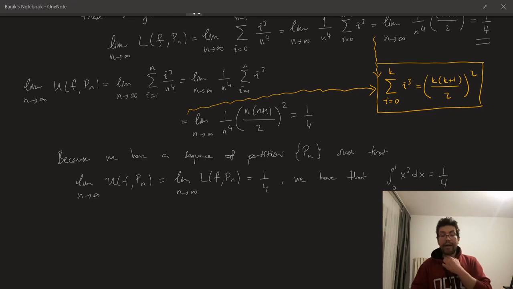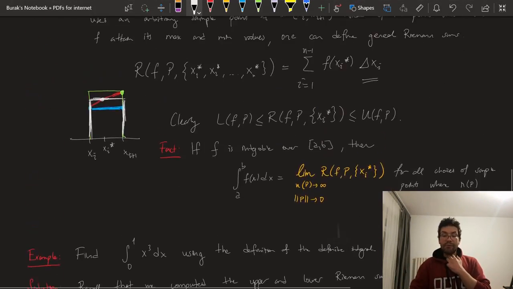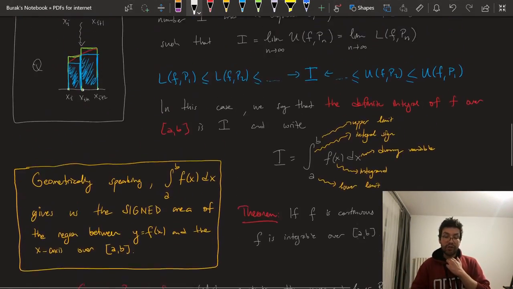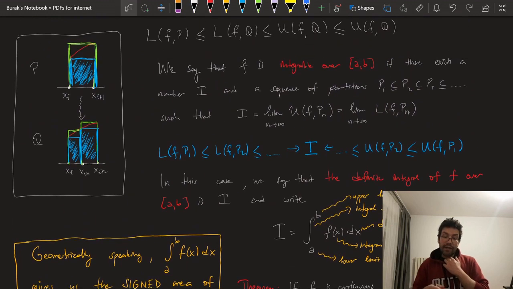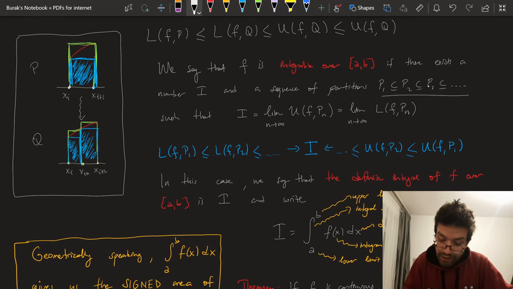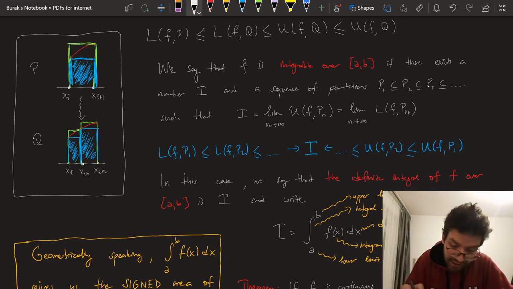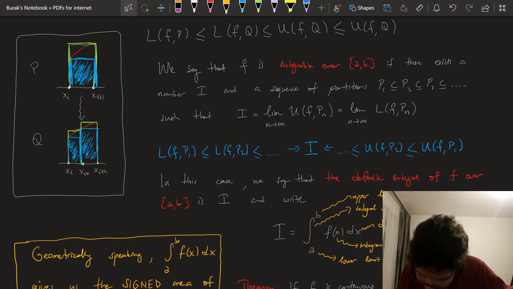Okay. Now, you may object at this point that, okay, in the definition of integrability, you assume that these partitions are refining each other. Well, that condition can actually be dropped. Okay, so let me write that down.